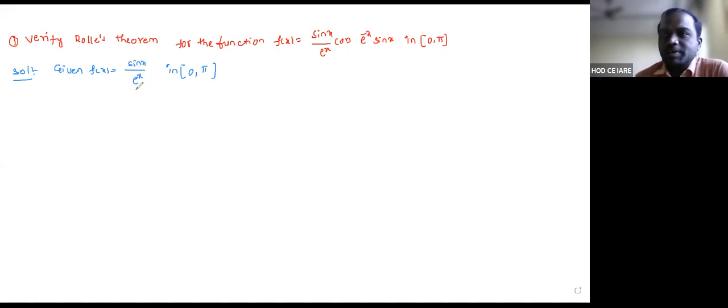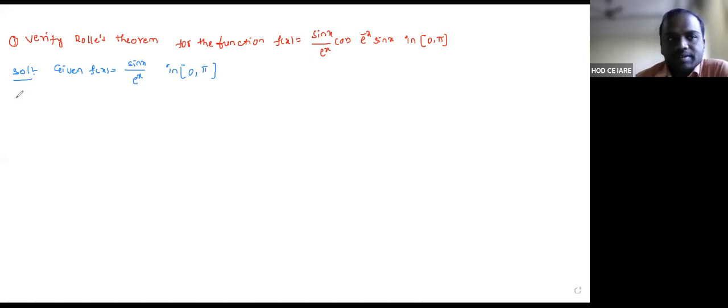Here sin x and e power of x: sin x is the trigonometric function and e power of x is the exponential function. These both are continuous functions, and they are also differentiable, and differentiable functions are continuous.